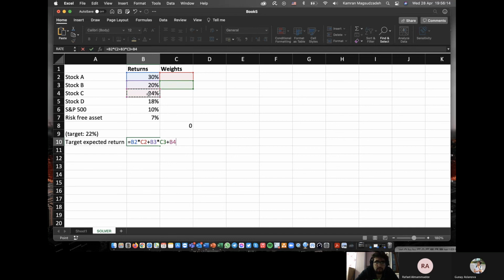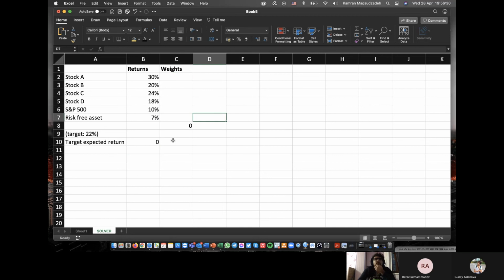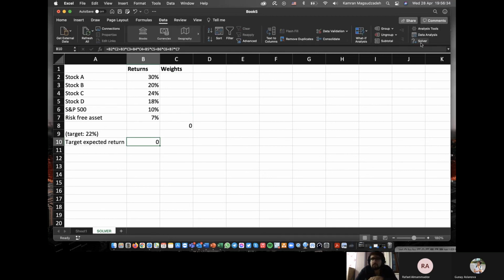This 24%, this 18%, this 10%, this, and 7%, this. It shows 0 because we don't have weights. So we can apply the solver function here.